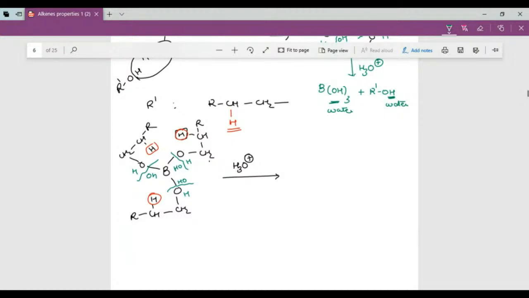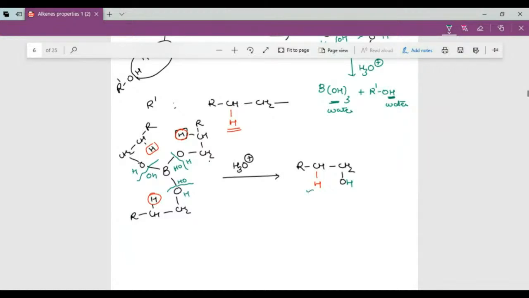Correct? So let me draw the structure of our R, CH, CH2O. This H is from B2H6 and this H came from the solvent in the second step, second stage.